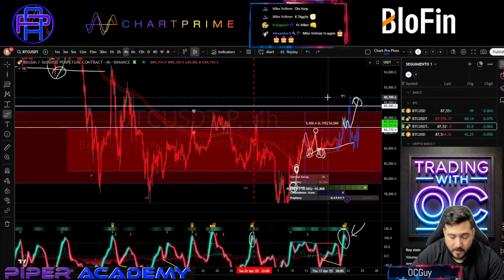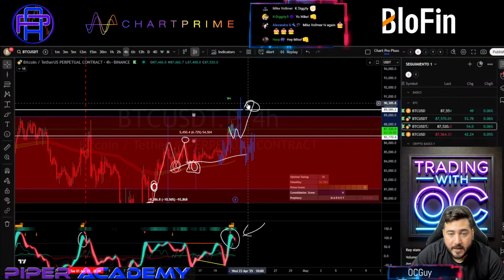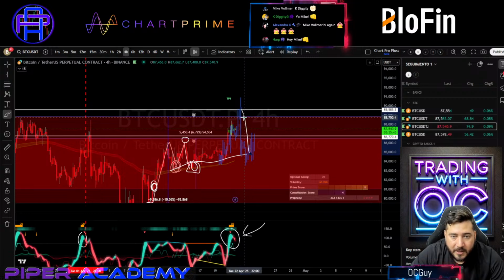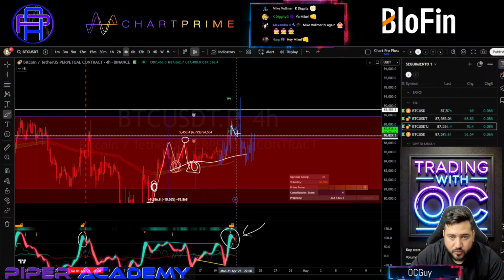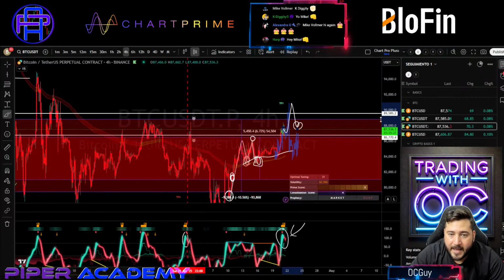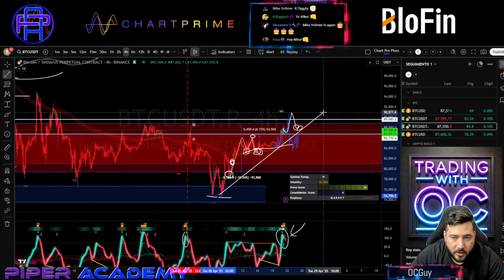You see that? So if we're able to break the range to the upside, well then the rejection most likely is not going to be as dramatic as this one. It's going to be less dramatic because it's going to be a breakout, maybe a retest somewhere around here, and then maybe create a trend line or follow another trend line that we might have.